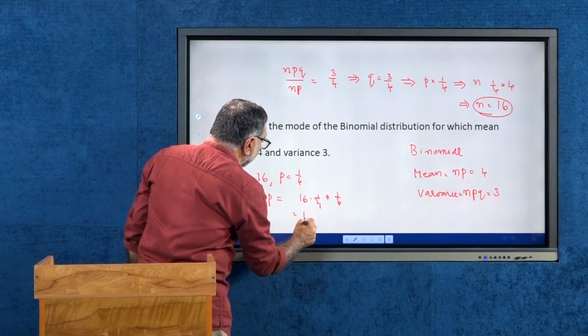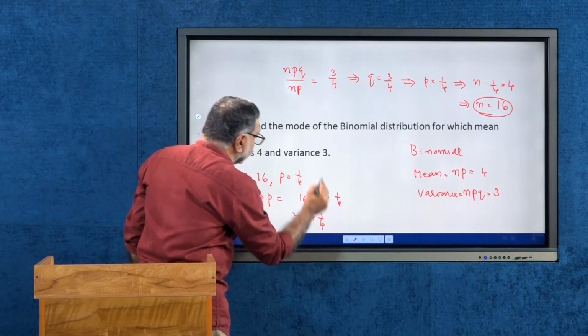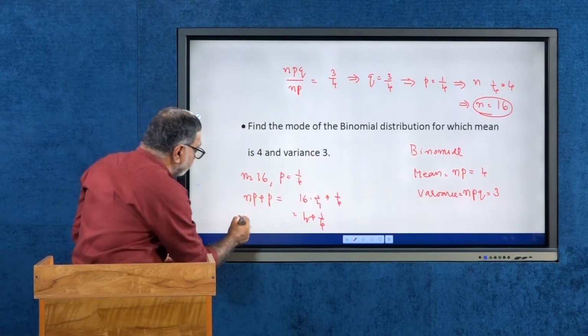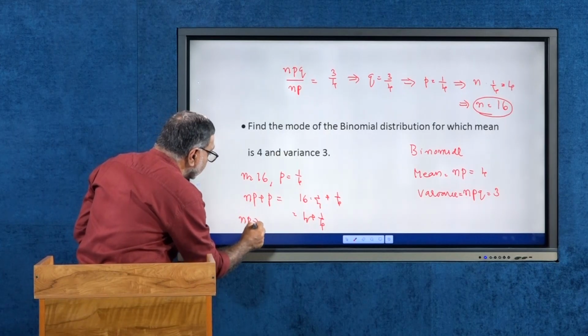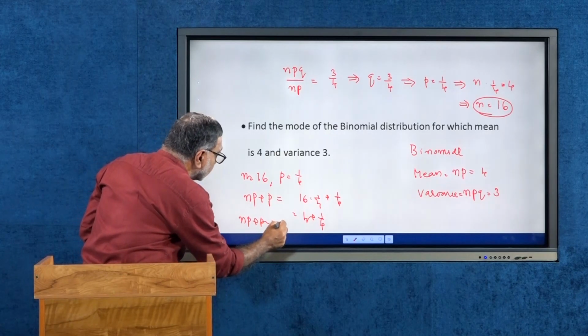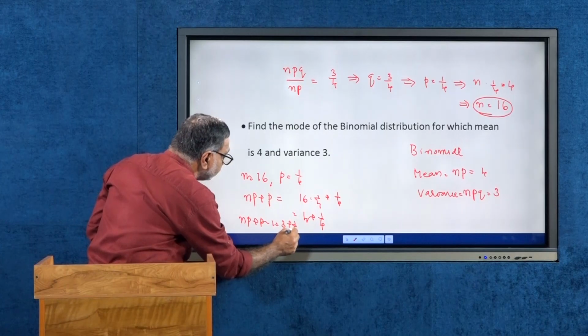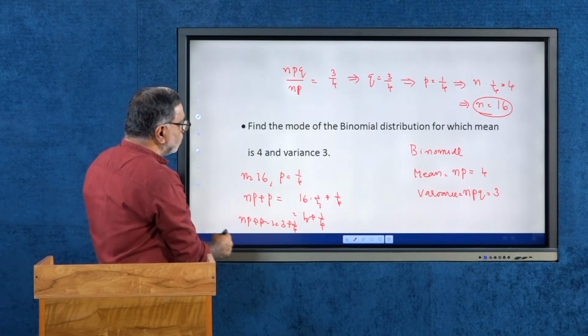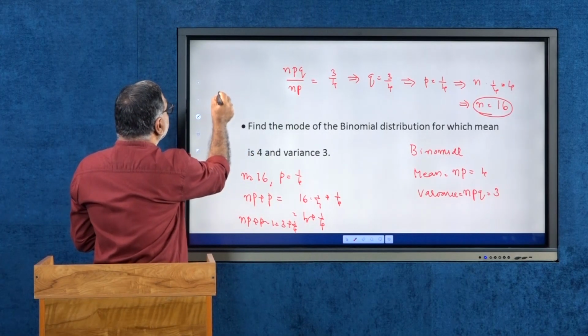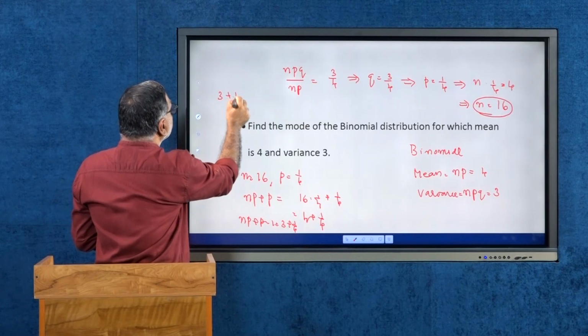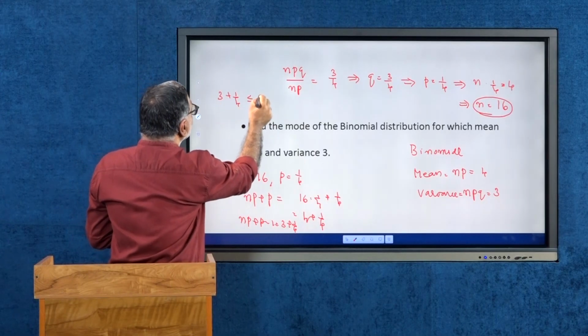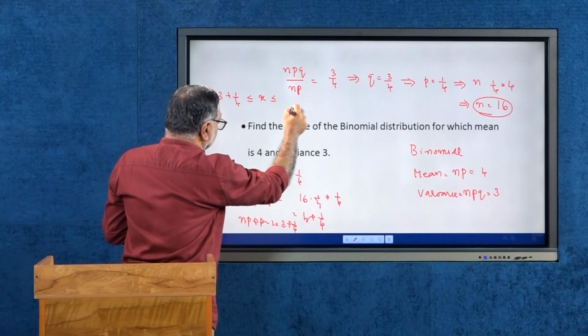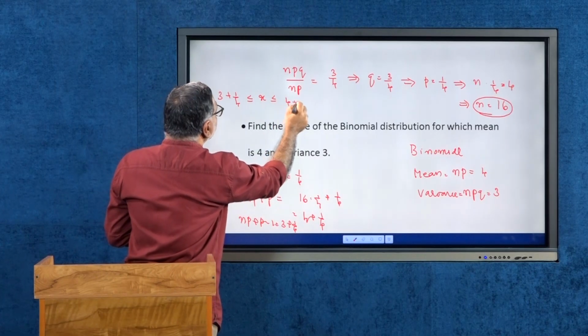So, that means 4 plus 1 by 4. And so, np plus p minus 1 is 3 plus 1 by 4. So, for this particular distribution, mode is 3 plus 1 by 4 less than or equal to x less than or equal to 4 plus 1 by 4.